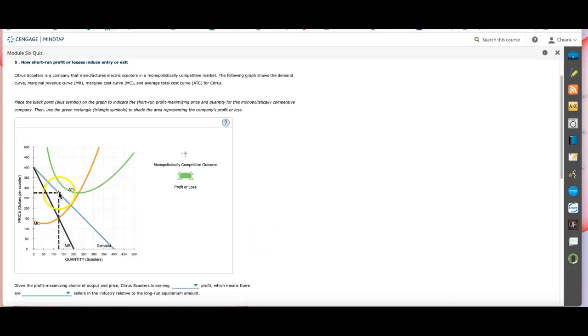So now that I figured out the profit maximizing quantity, and the price that the monopolistically competitive company can charge, which is 275, I can determine if it's making a profit or a loss. And I know that it's not going to make a profit. So I'm going to put it up here because the price is below.